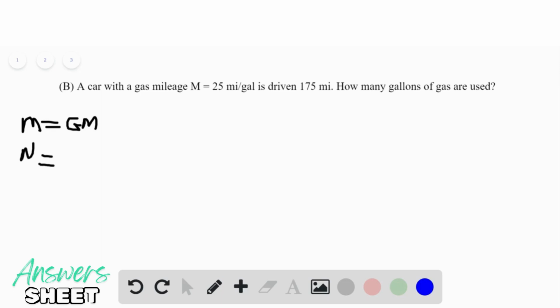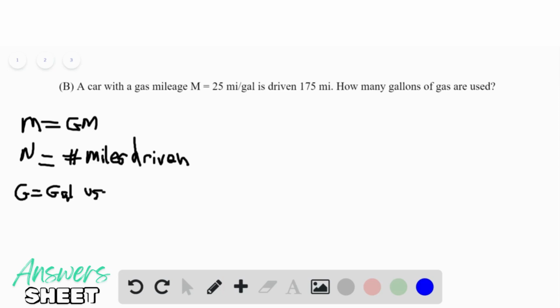So I'll say number miles driven. And G, you know what G is. G is the number of gallons used by the car. So I'm just going to say gal used.